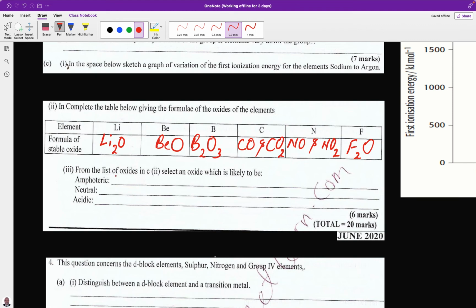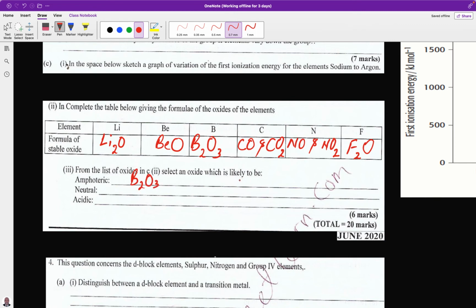Then they said from the list of oxides in C2, select an oxide which is likely to be amphoteric. Only group 13, that is boron and aluminum, have that. So group 13 will definitely have amphoteric oxides, something like B2O3.